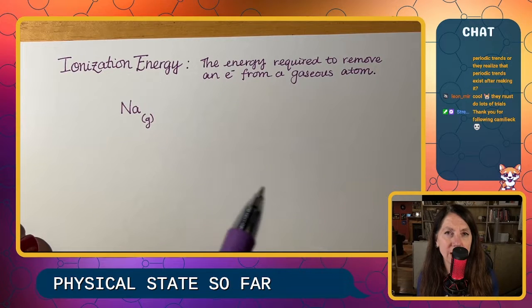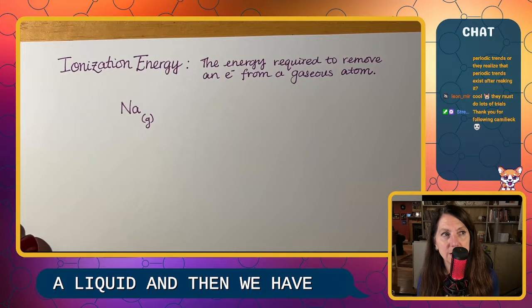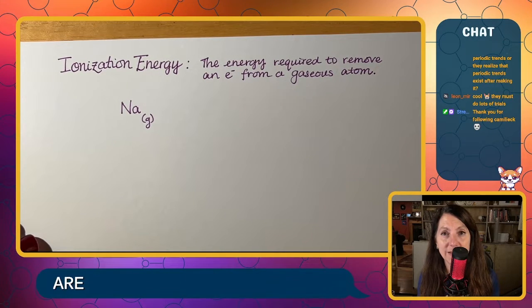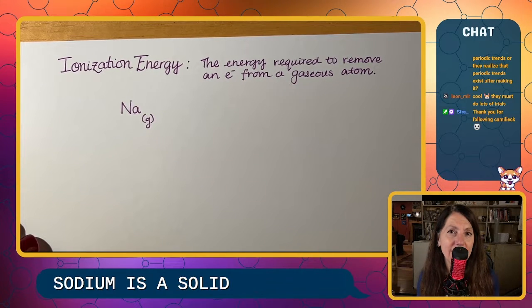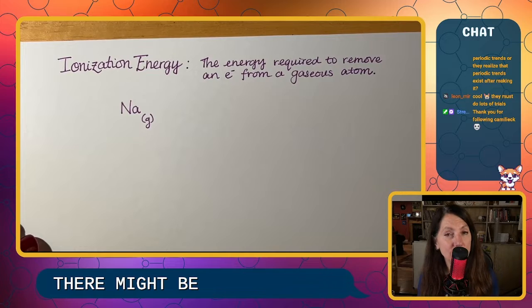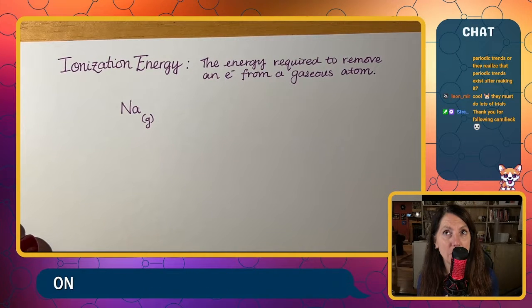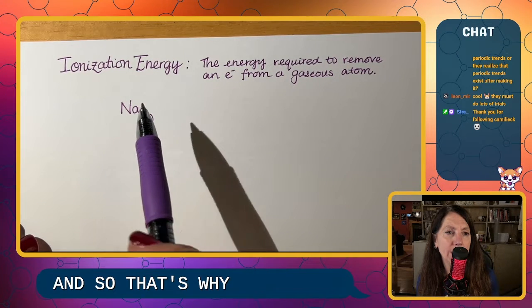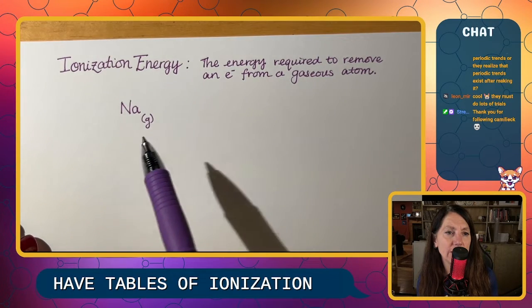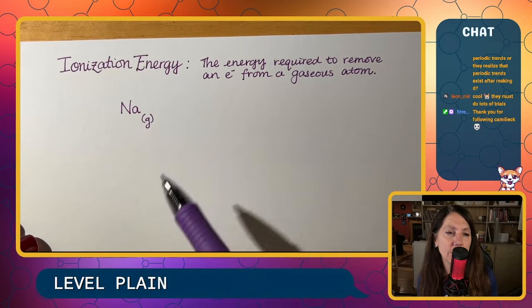If we're looking at mercury as a liquid, and argon as a gas, and sodium as a solid, then there might be differences in removing an electron that are just based on what phase it's in. And so that's why when we have tables of ionization energies, they're all in the gas phase, so that there's a level playing field, so to speak.